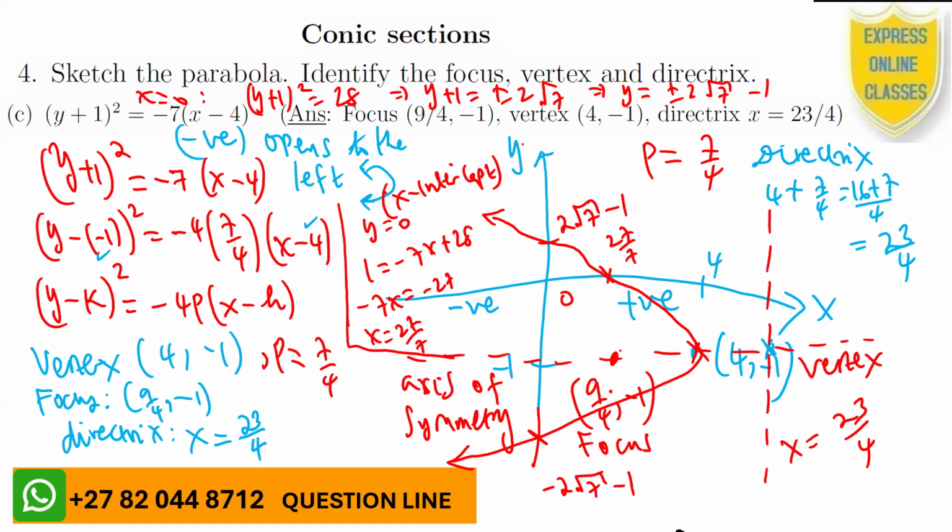And we'll sketch this particular graph here. This graph opens to the left. Why does this graph open to the left? Because we have minus 7x, minus 4, meaning that it opens on the negative x. And x is negative on this side, on the left.